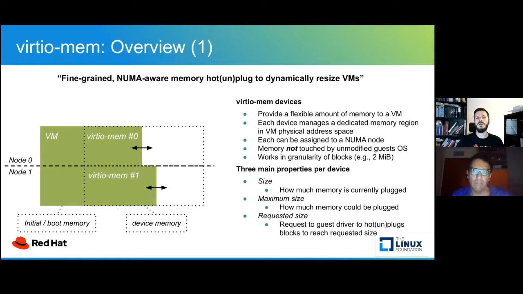Last but not least, there is a requested size, which corresponds to a request from the hypervisor towards the guest to change the amount of memory that is consumed via a virtio-mem device. This mechanism allows you to resize a guest in fairly fine-grained steps, NUMA-aware.